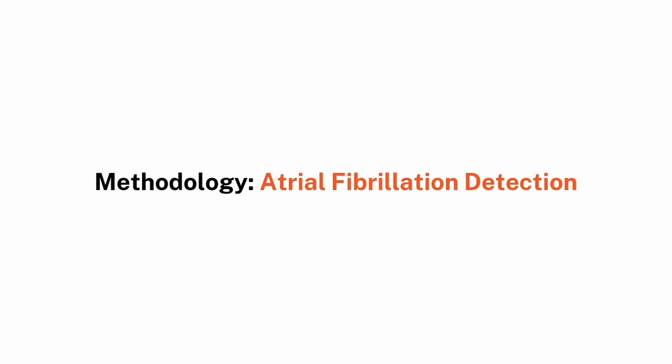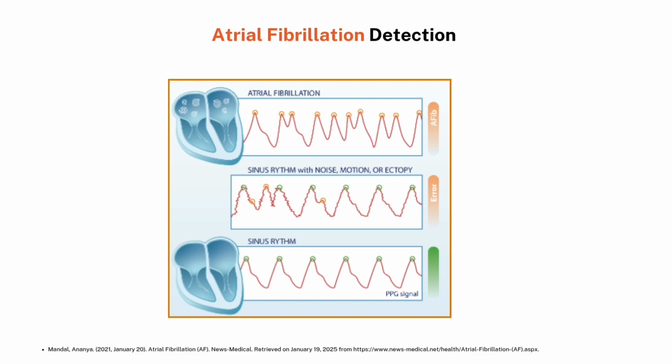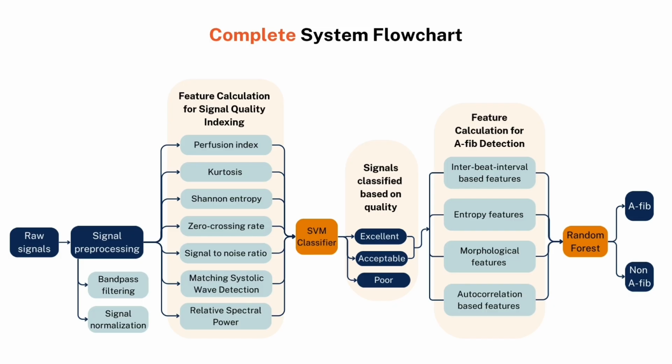Now let's move on to the atrial fibrillation detection. Atrial fibrillation, also known as AFib, is an irregular heart rhythm caused by disorganized atrial electrical activity, which is a strong risk factor for stroke. This is depicted in the PPG waveform through the irregular pulse rate and the pulse morphology changes. In our implemented algorithm, after a signal quality indexing through a feature-based support vector machine classification, the high-quality signals are then used for the AFib classification.